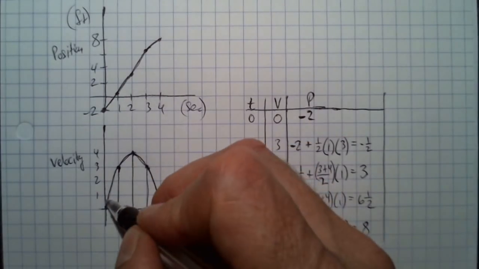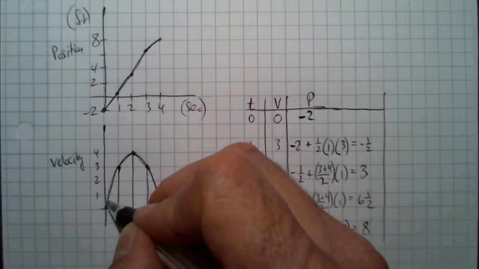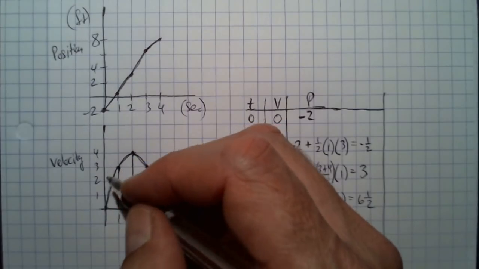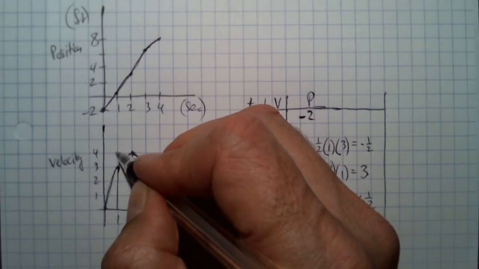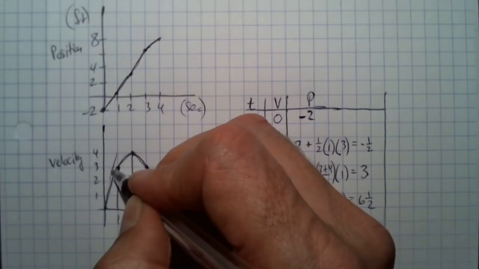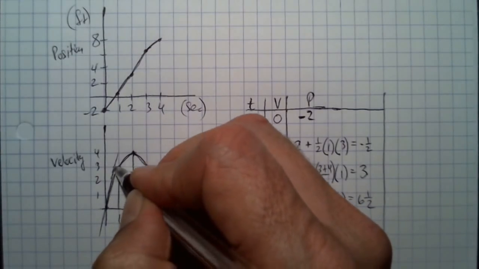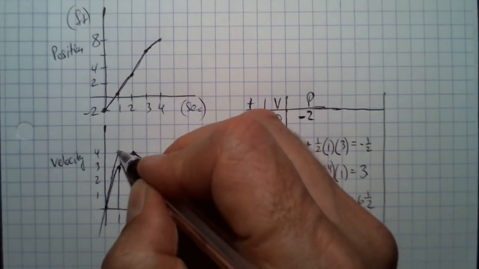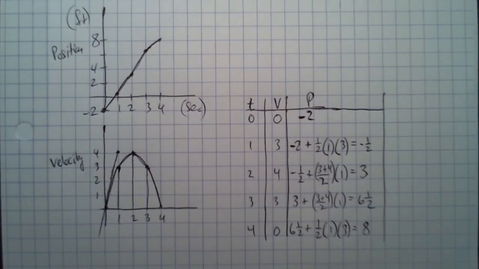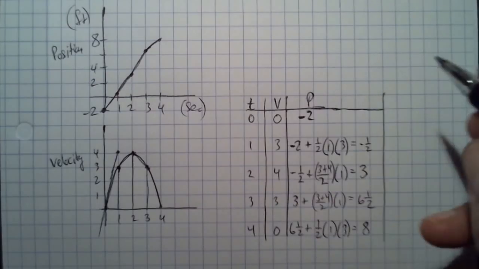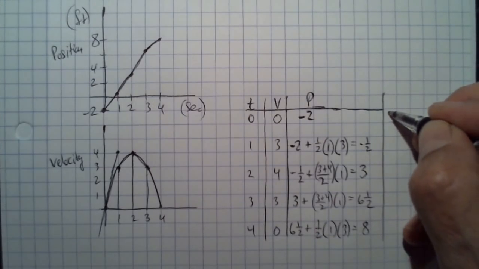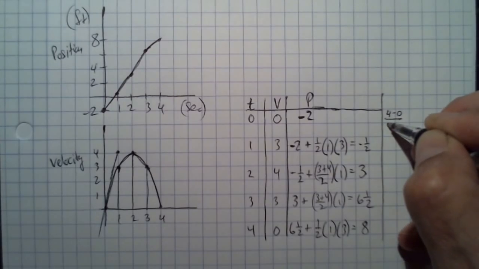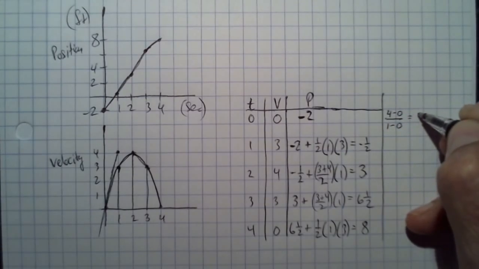So if that's a curved line, we're going to have a tangent line that looks like it might hit 1, 4. So now we have this point and that point. So the slope at 0 is rise, 4 minus 0 over 1 minus 0. We get 4.